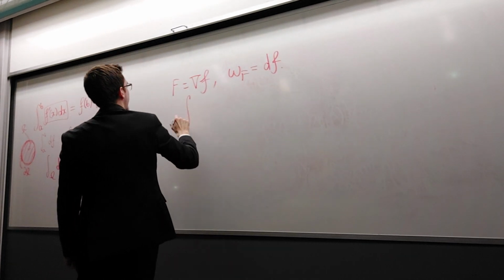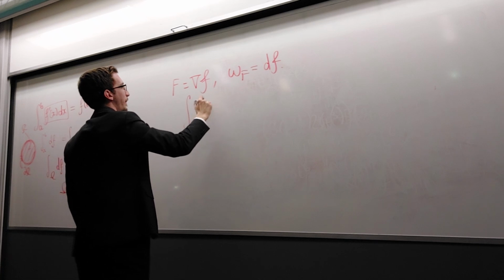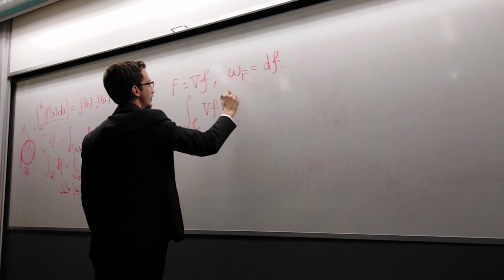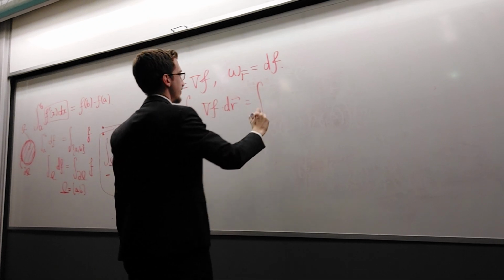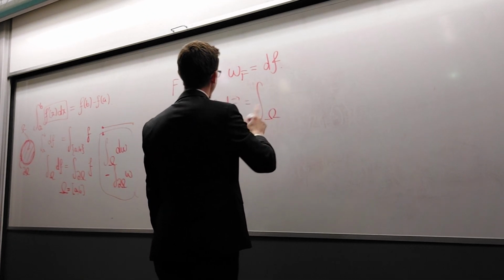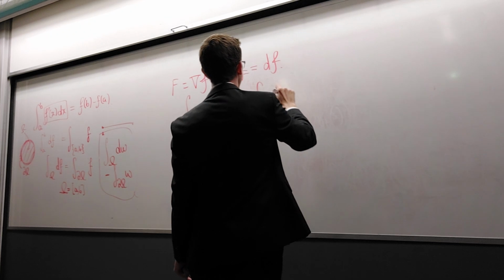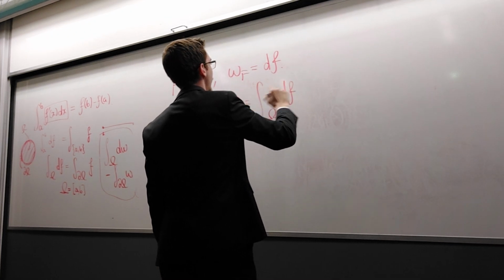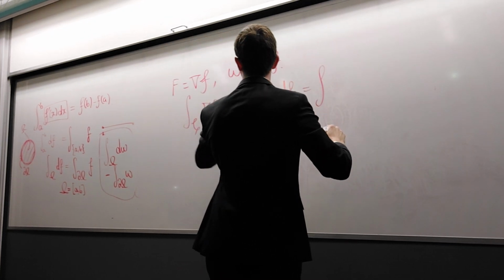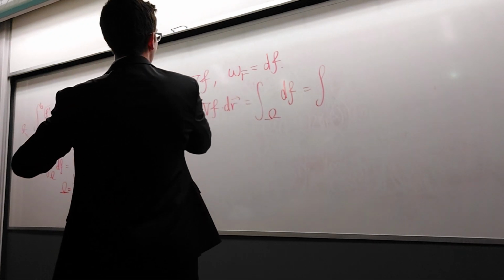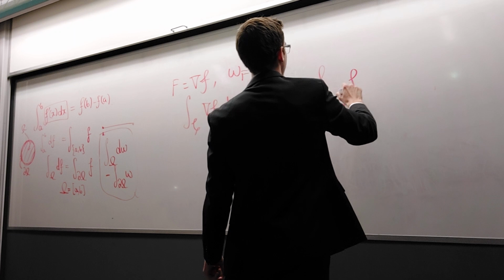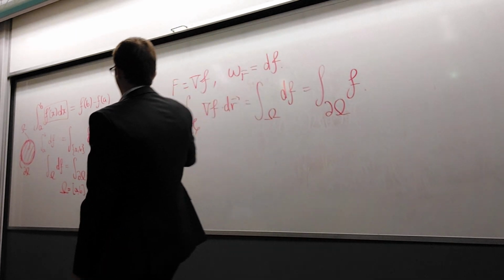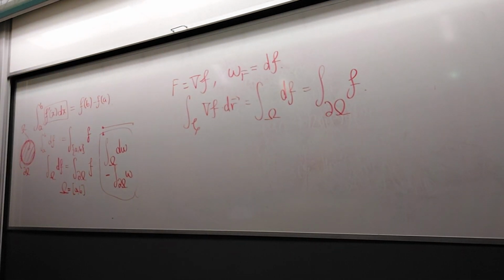Now I can write this, just to illustrate how it is this statement here, I can write the integral over C of omega as the integral of df, and now I would take the value of f at the endpoints, which would be exactly this. So here f and omega are replacing one another.